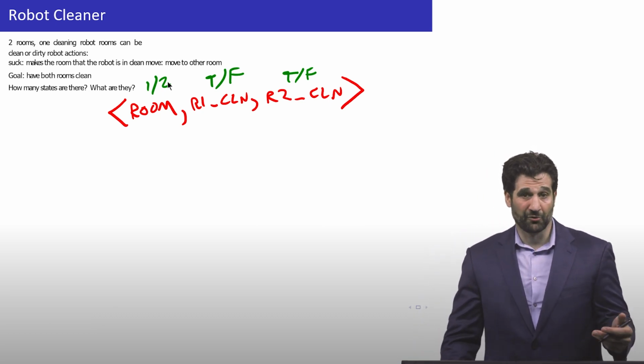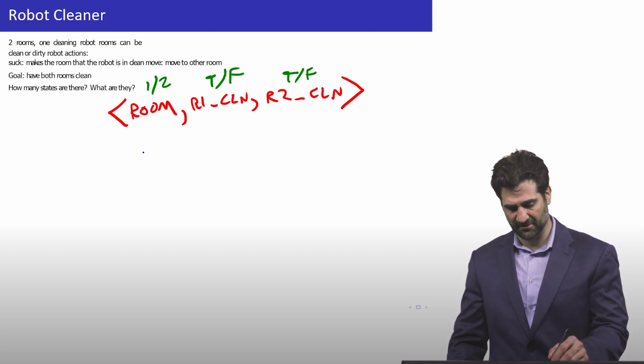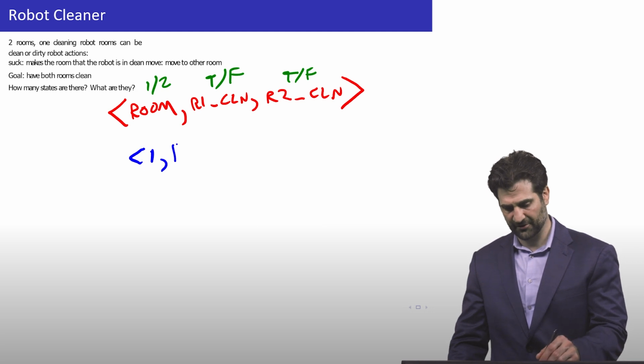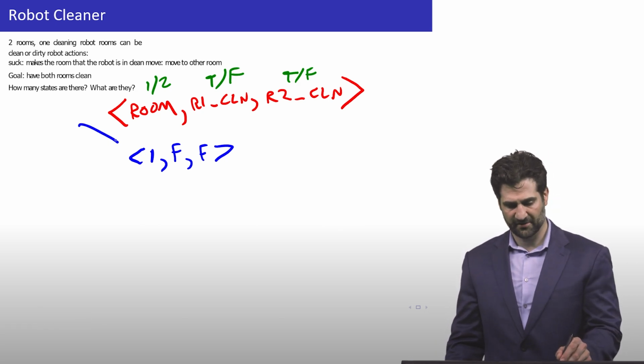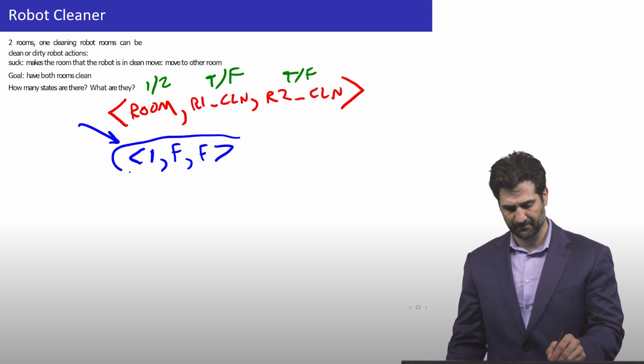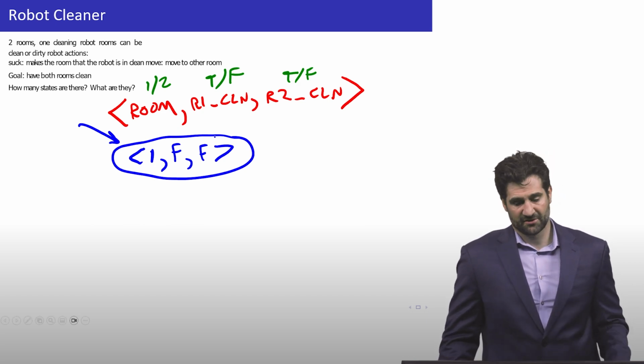Well, the rooms really aren't distinguishable, so we'll just say the robot starts in room 1, and both of the rooms are not clean. Okay, so there's your initial state, and we have this arrow coming out of nowhere. All right, so there's 2 actions the robot can take.